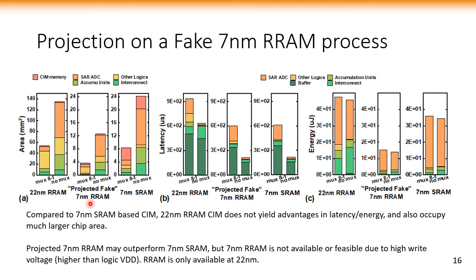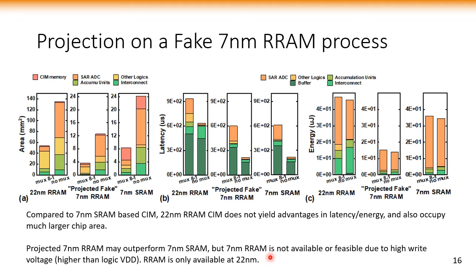Therefore, if we can scale the RRAM technology to the 7nm process, here you see that the area can be smaller than the SRAM-based counterparts, the latency is comparable, and the energy is much lower. So the conclusion is that we have to scale to 7nm RRAM in order to outperform the 7nm SRAM.